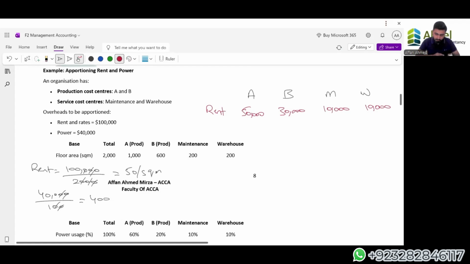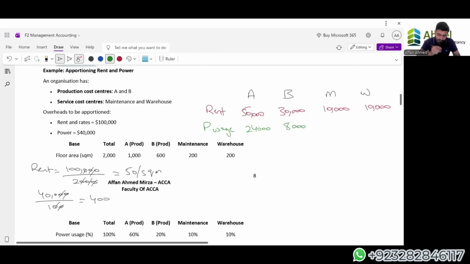Next we have our power usage. So 400 per unit. So 400 into 60 is going to give me 24,000. I'm writing with a different color so that you don't get confused. Power usage. So we have 24,000 first. Next is 20%, so 8,000.